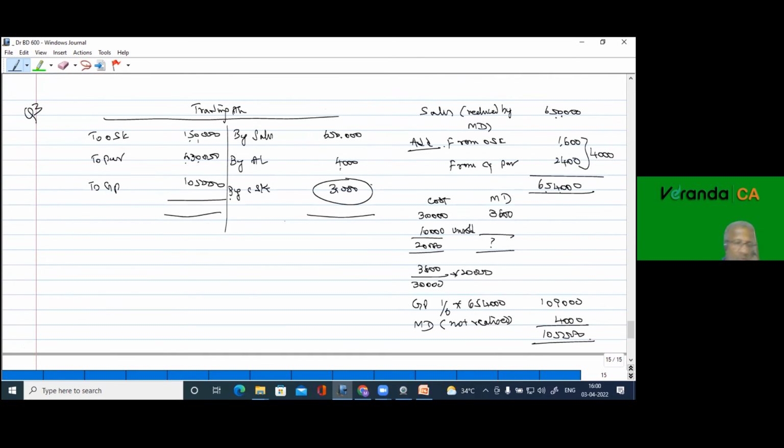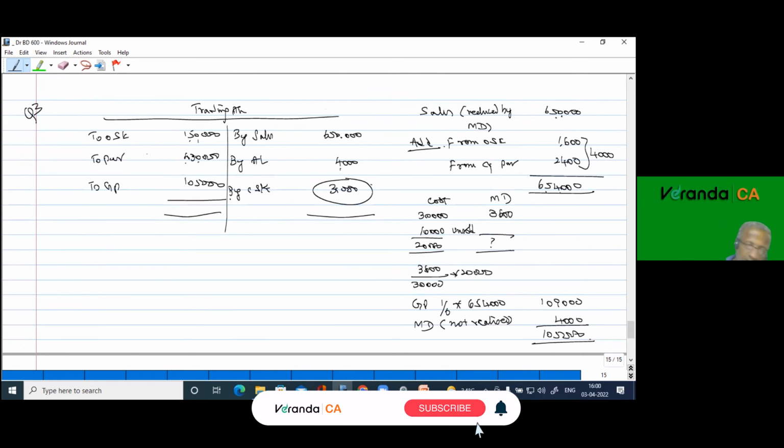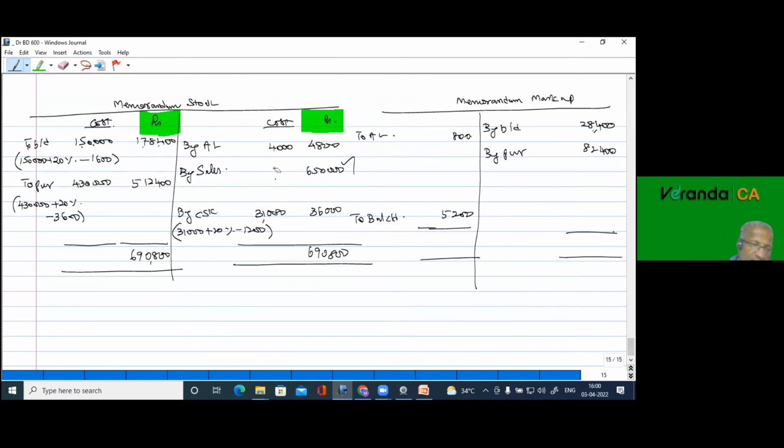One can easily work out that. So 1,50,000 plus 4,30,000 minus 4,000 minus 31,000. So 5,45,000. So it will automatically agree.